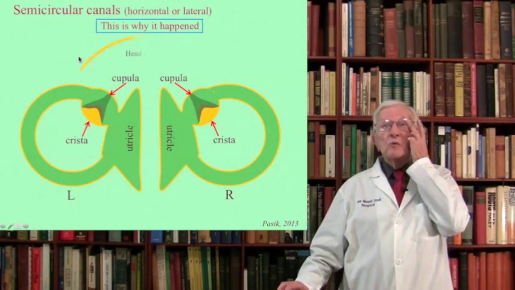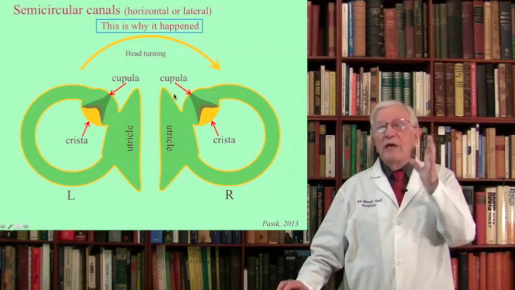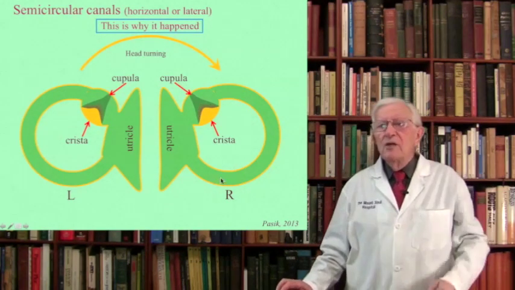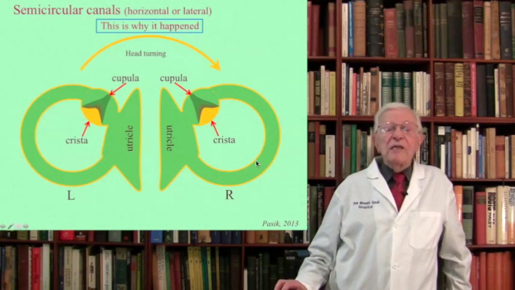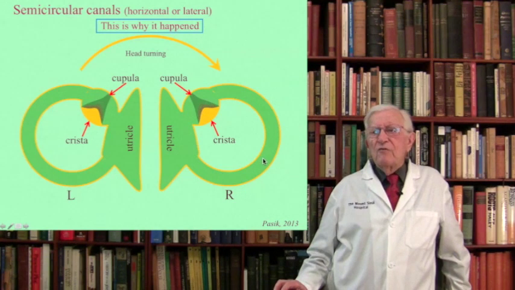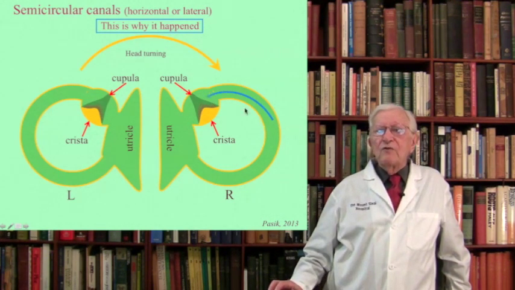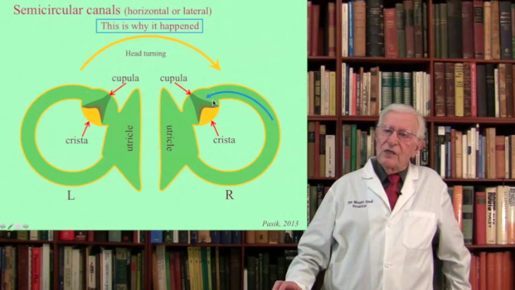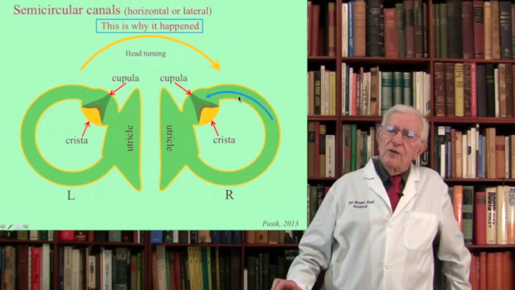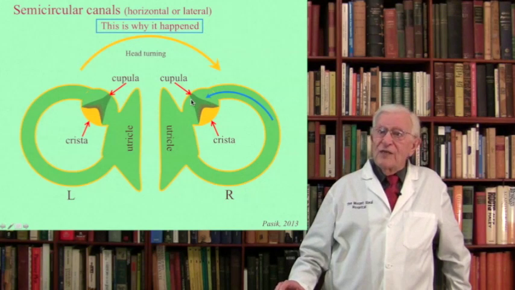Now you turn your head to the right, the whole head. So the whole thing turns to the right. What's going to happen with the endolymph here? Well, there is inertia, there are all kinds of currents in the endolymph, but the end result is that this endolymph is going to move in reverse to the head turning. And you see that that effect produces a push of the cupula. The endolymph pushes the cupula on the right side.